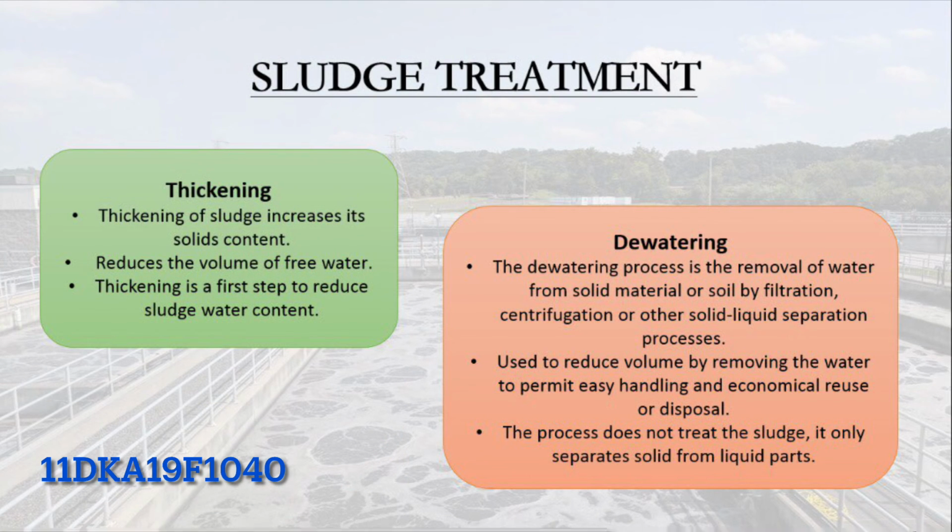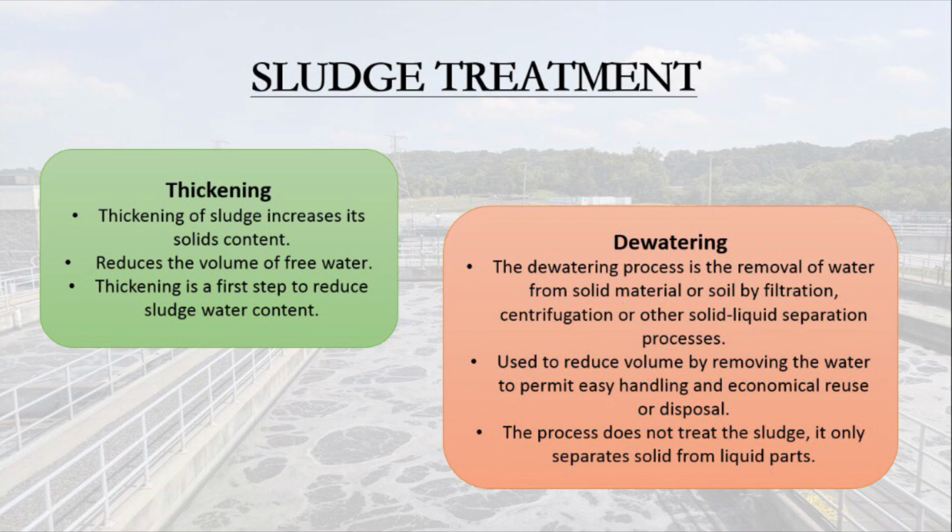For sludge treatment, first one is thickening. Thickening of sludge increases its solid content and reduces the volume of free water, and thickening is the first step to reduce sludge water content. Second is dewatering.